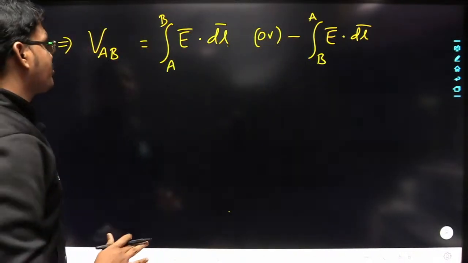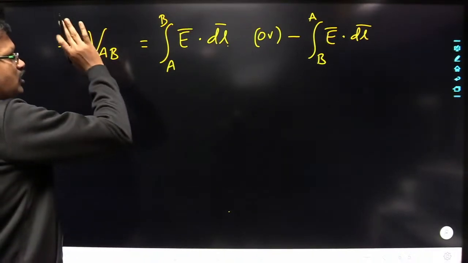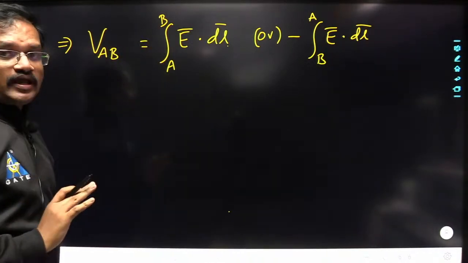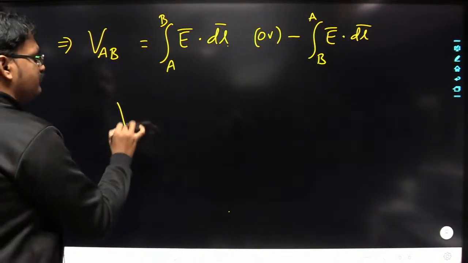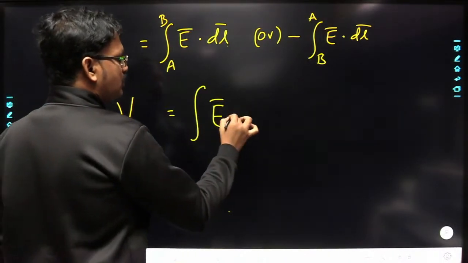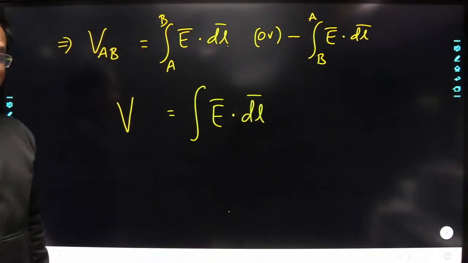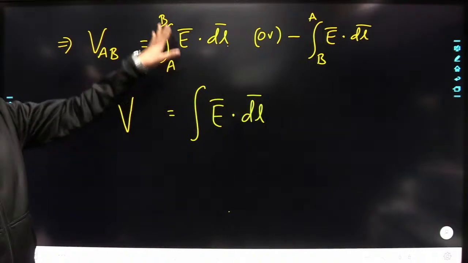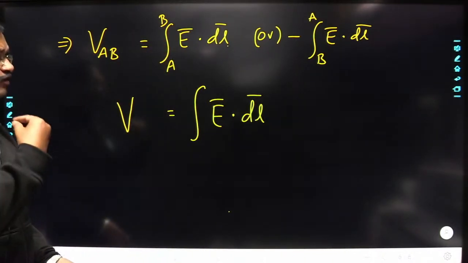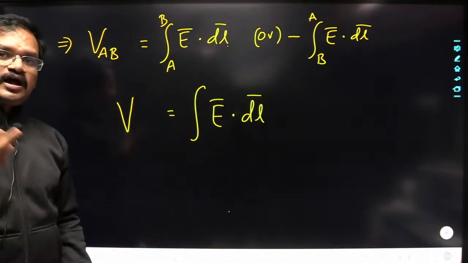Understood? But now if I write the relation between the potential and electric field without taking its limits, that means if I write V is equal to integral E bar dot dl bar, I have written V is equal to integral E bar dot dl bar. Whenever you are having limits here, we can easily say we are very clear about positive and negative signs.